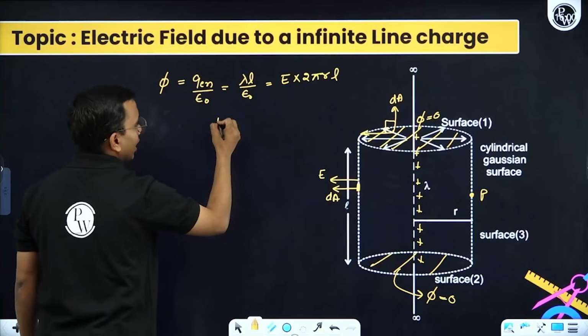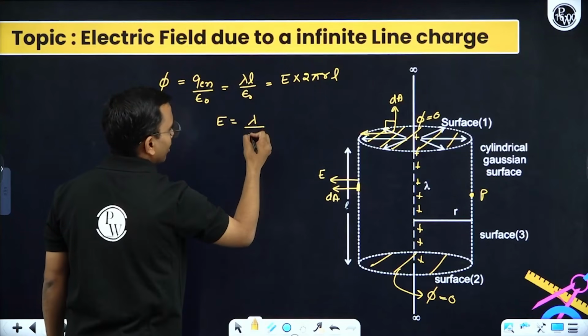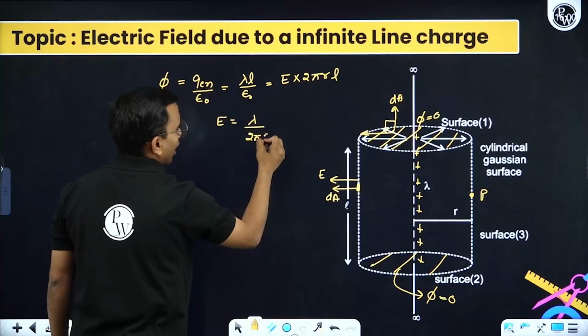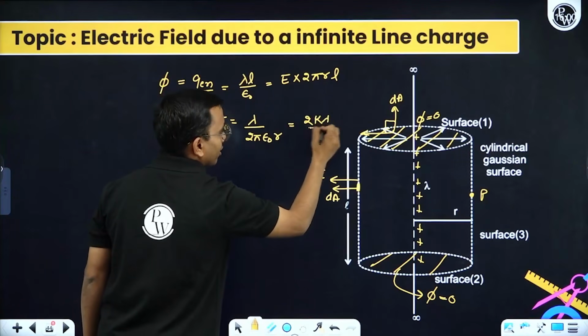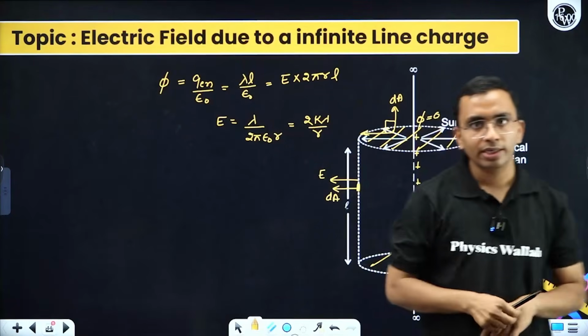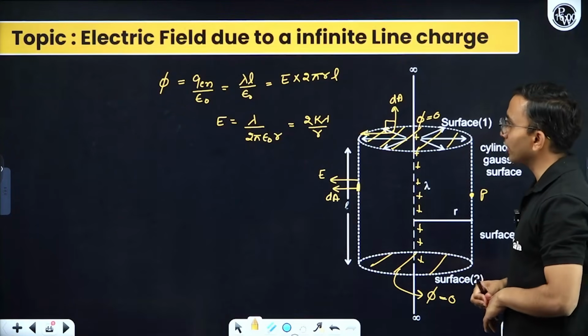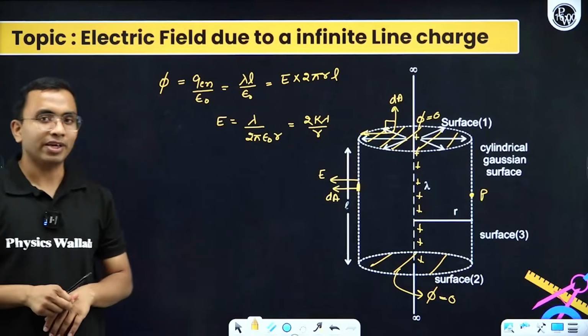So from here I got E as lambda divided by 2 pi epsilon naught R, the L gets cancelled, or I can write this as 2k lambda by R. It's the same formula that we already remembered: the electric field due to a uniformly charged infinite line charge, a uniformly charged infinite wire.